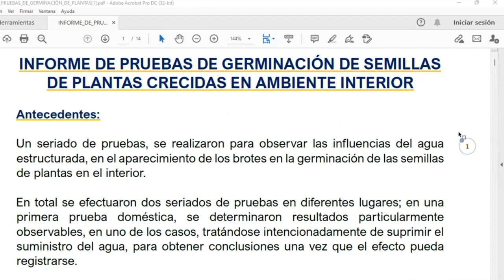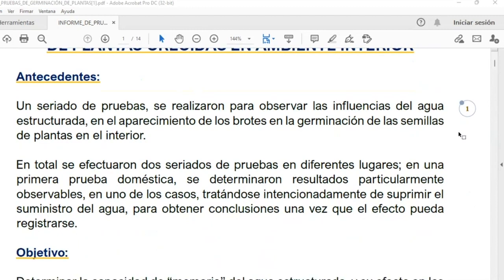Procedure: this test was designed to compare the growth cycle of soybean seeds after 15 days, for which an exact number of seeds were taken, distributed into 2 groups of 20 beans each, watered with structured water and regular water. Both waters from the same source, tap water from the city of Quito.